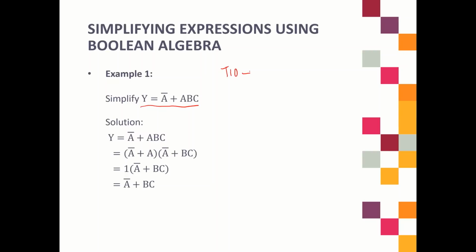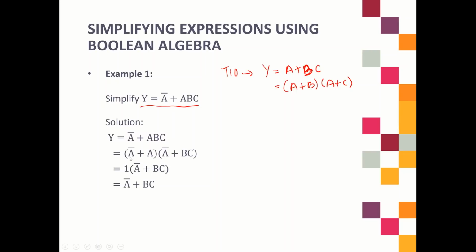Theorem 10 says that if you see this kind of equation, where you have a different variable for both terms, A plus B and C, you can expand the expression, or change your expression from SOP to POS. So you will get A plus B, A plus C. So this is theorem 10.